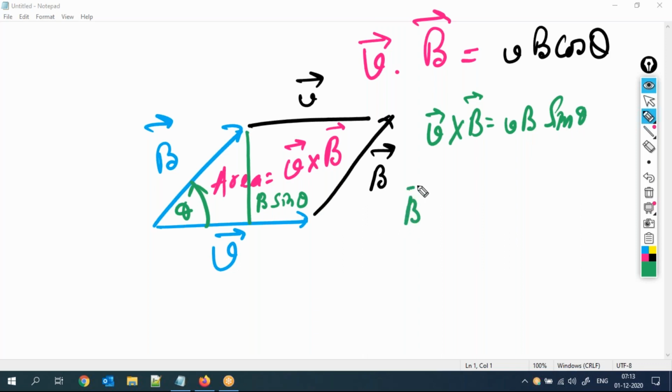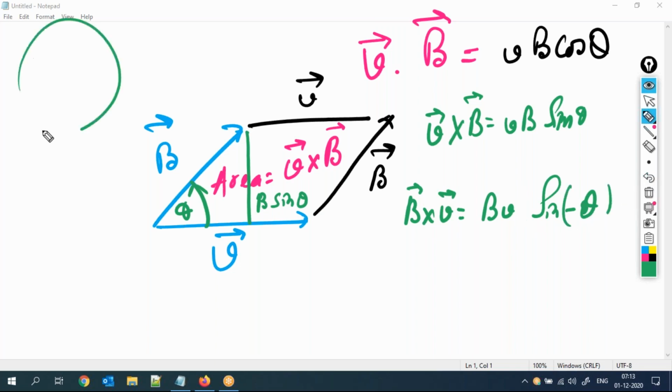Because if you try B cross V, it will be B V sin minus theta. Always go back, don't try to guess. Always go back to the unit circle and see here.